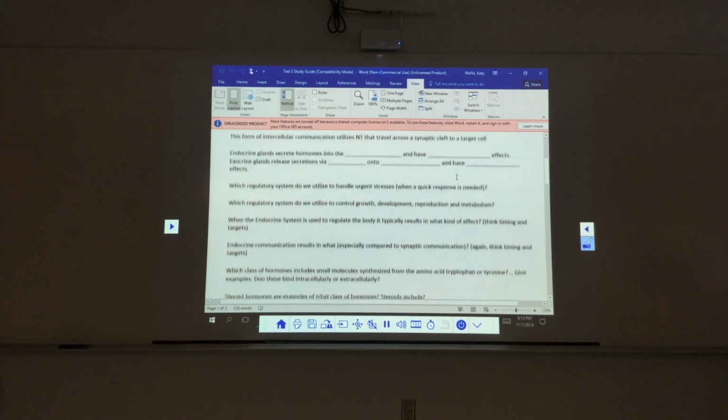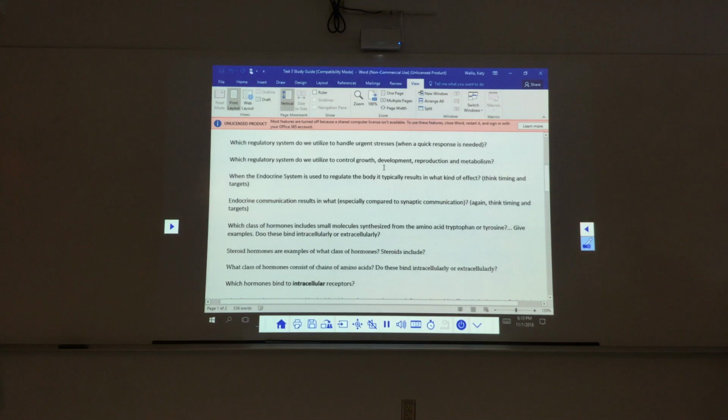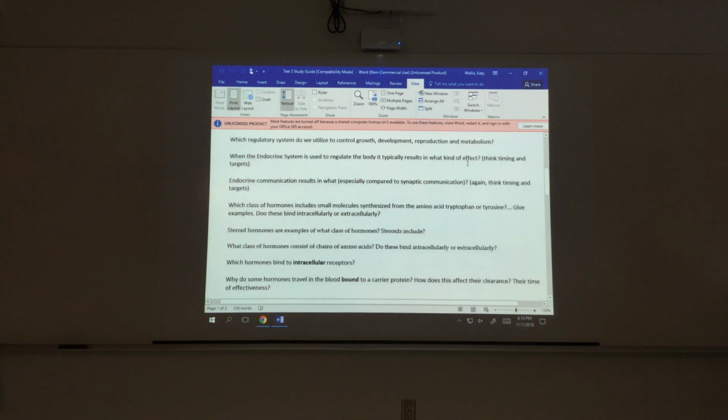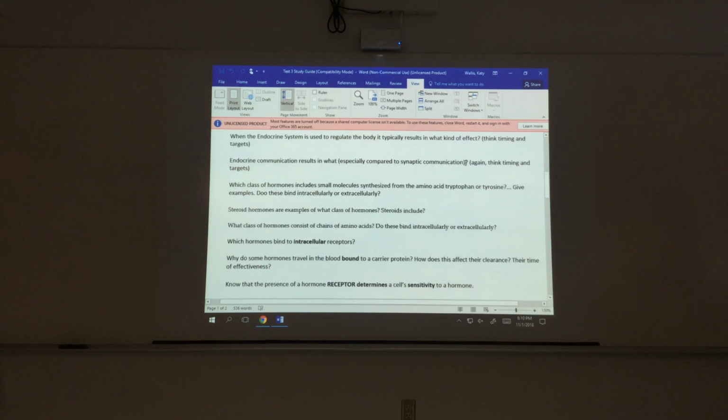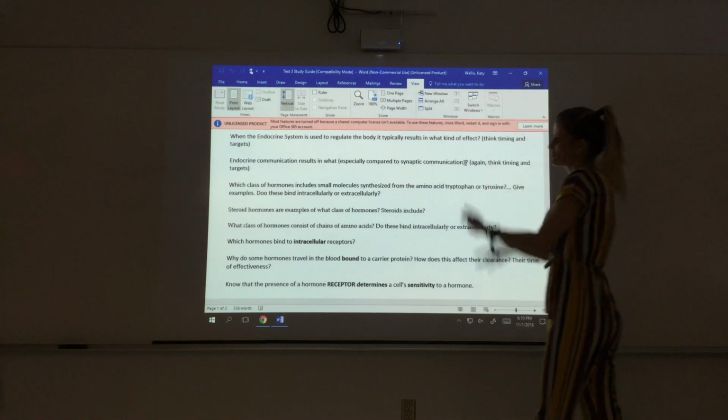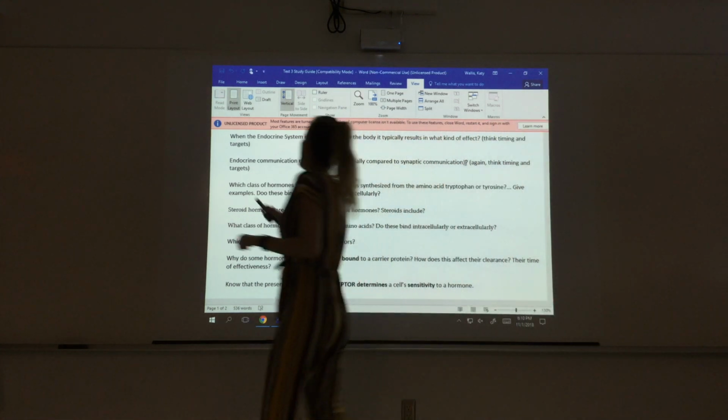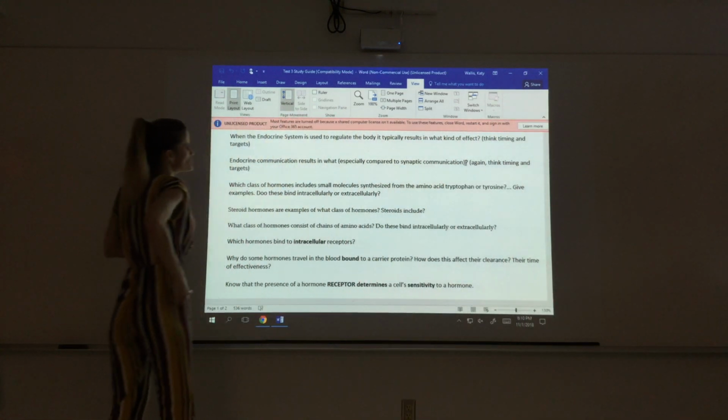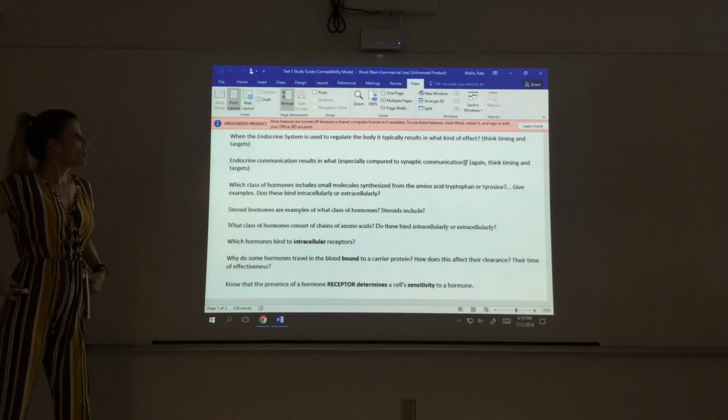Which regulatory system do we utilize to control growth, development, reproduction, and metabolism? Endocrine, right? Those are slower processes. It doesn't matter if it takes a few minutes or a day or whatever to make it happen. They're slow, ongoing processes. When the endocrine system is used to regulate the body, it results in what kind of effect?